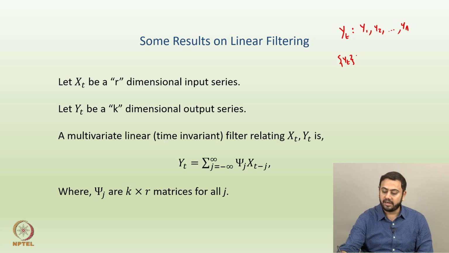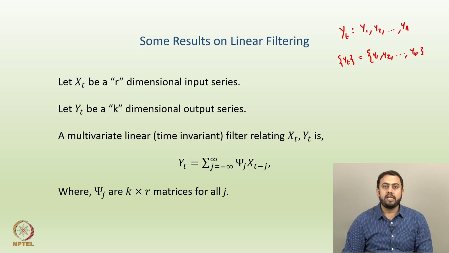So I can write Y1, Y2 up to Yk. My Yt, which is now a multivariate time series process, is a collection of a k dimensional random vector. Y1, Y2, Yk in themselves are nothing but individual univariate time series.